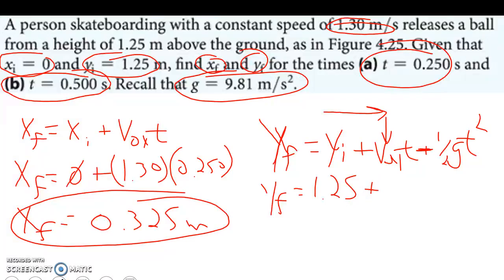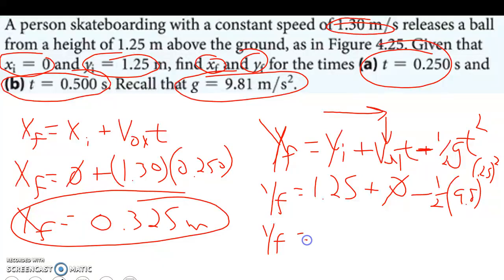Since we're traveling this direction, our initial y will be 0 when we drop horizontally, minus 1/2 times 9.8 times 0.25 squared. So we do all this math, we're going to get a negative number here, so that's going to change our answer a little bit. That means we're going to go down. Our final y should be 0.943 meters.